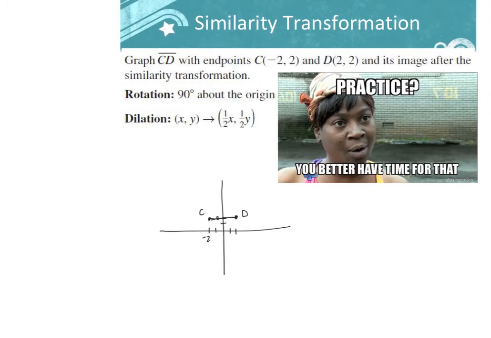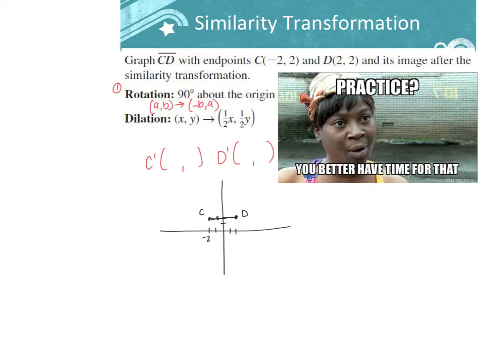C prime and D prime. Now, remember, rotations, that one's going to come first. And if it was A, B, our coordinate rule for a 90-degree rotation about the origin is going to be negative B, comma, A. All right?